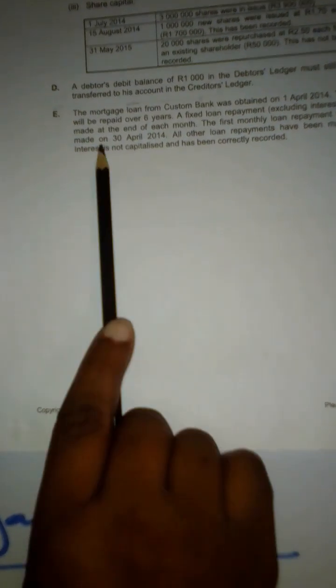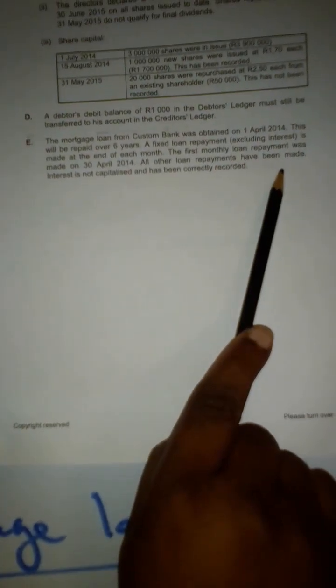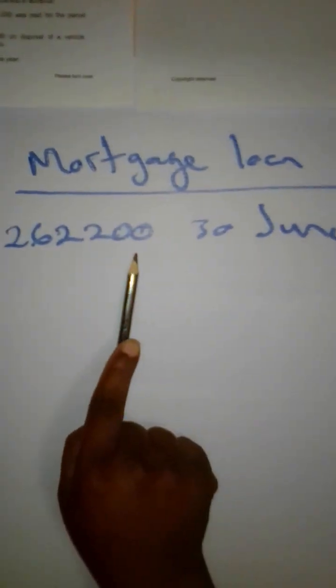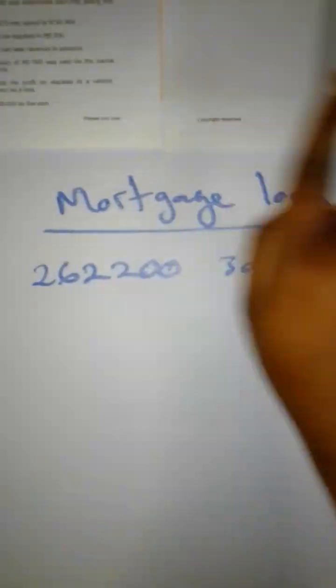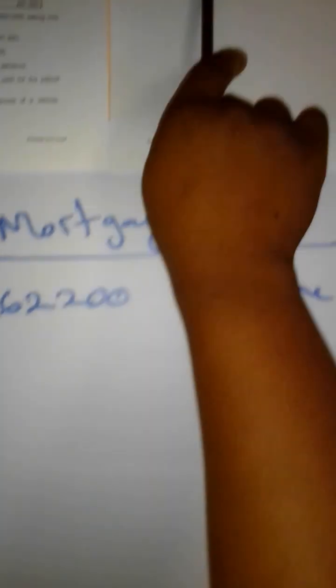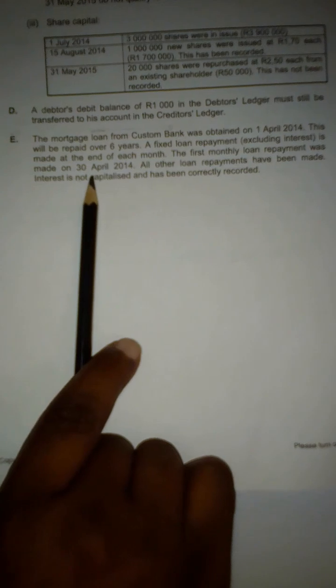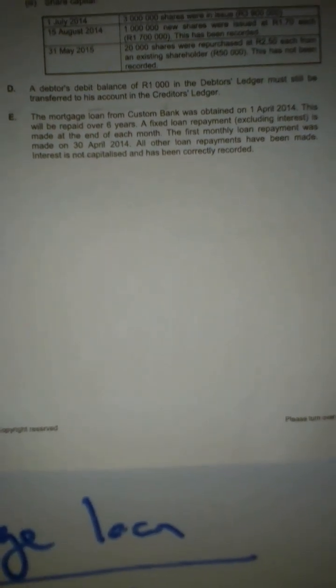The repayments are done on a monthly basis, and the first payment took place already on the 30th of April, and all the other repayments in this financial year have also been done for us to reach this amount of 262,200. It means all the repayments have been done, starting from the end of April 2014 up to 30 June 2015. Let's find out how many payments have been made so far.